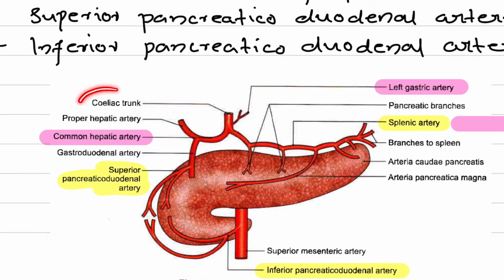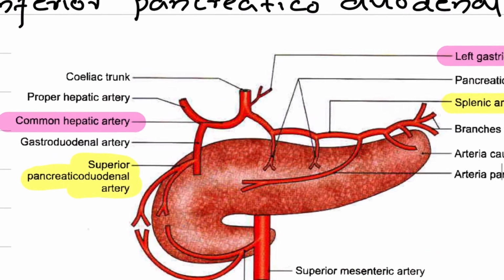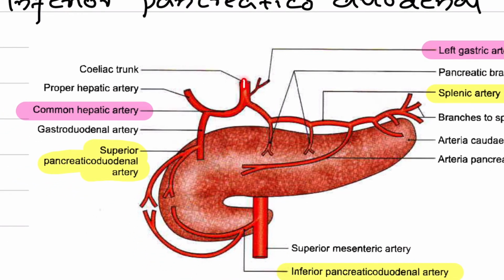This is the celiac trunk. This is the superior mesenteric artery. From the celiac trunk we have three branches: the common hepatic artery, the left gastric artery and the splenic artery.